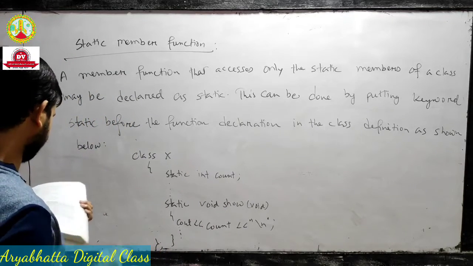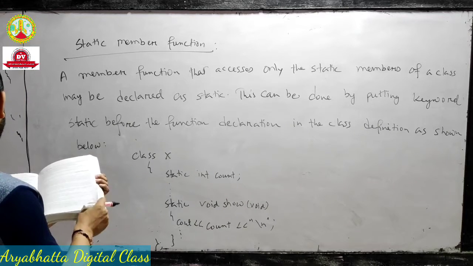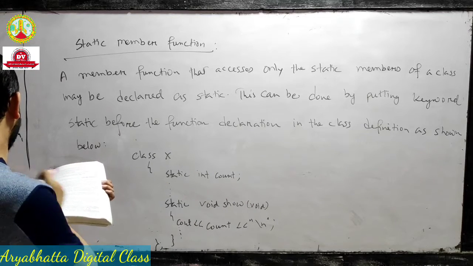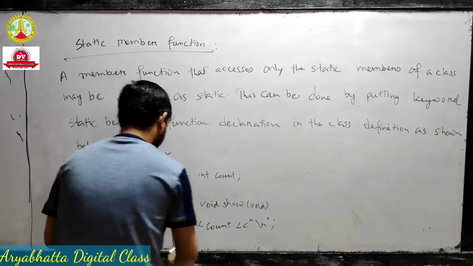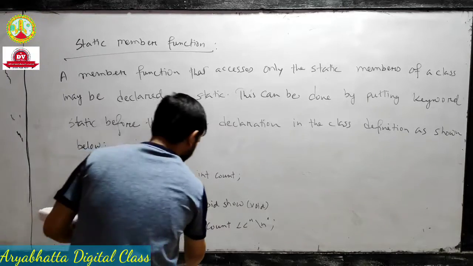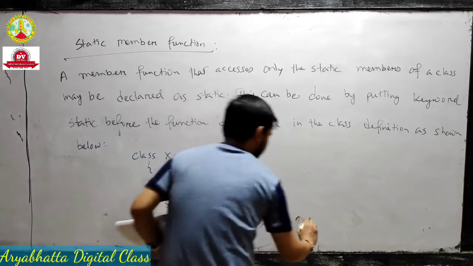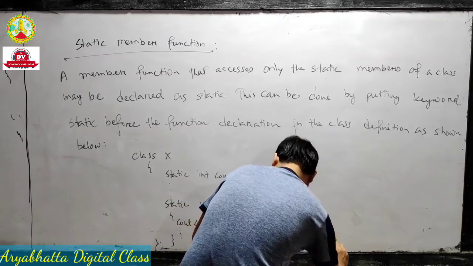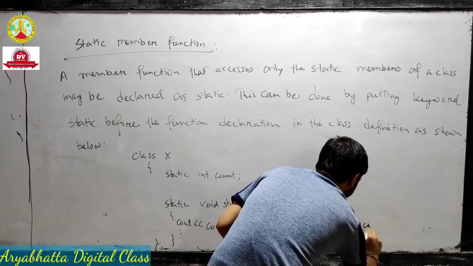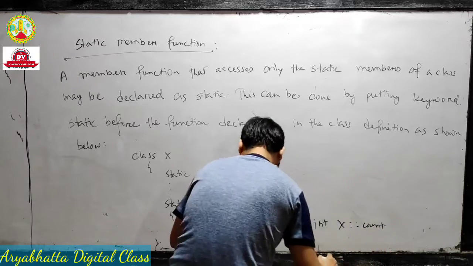After this, you write one thing here. There is no space here, that's why I write here. You just write below this one simple thing: int x, count.